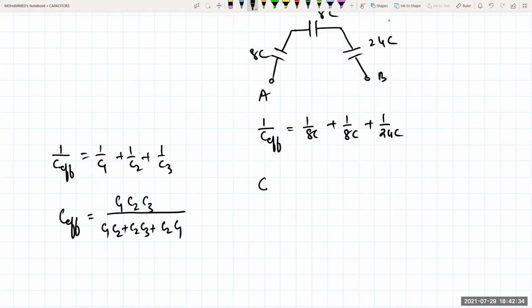So C effective equals 8 into 8 into 24 divided by 8 into 8 plus 8 into 24 plus 24 into 8.